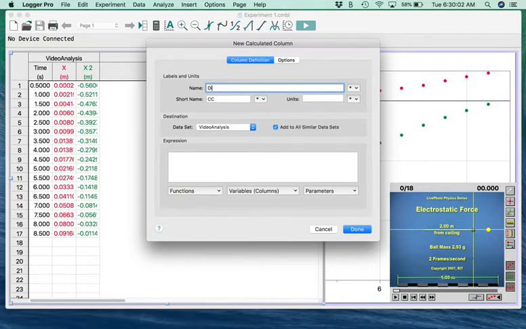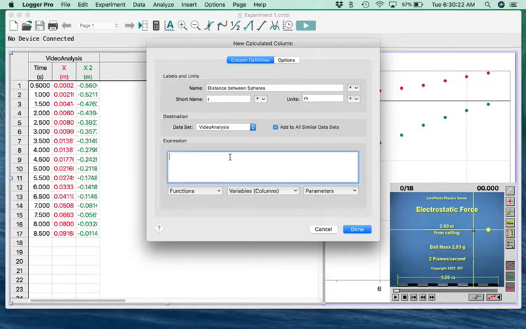Well, let's call this the distance between spheres. I'm going to give it the short name of R, because when you see this formula in most books, the distance between objects is called R, so let's make that match up. It's going to end up measuring in meters, since both of my positions are measured in meters.